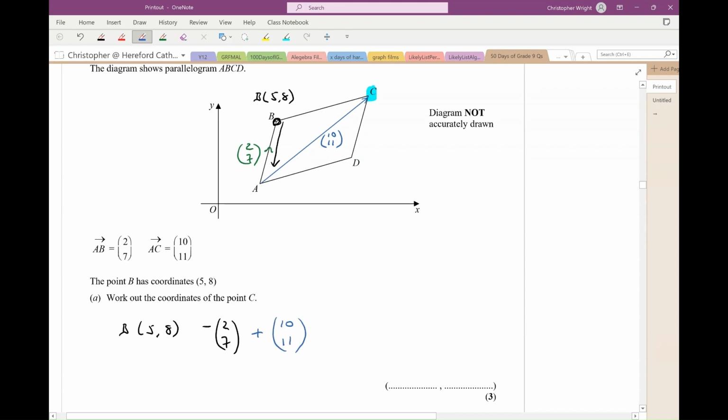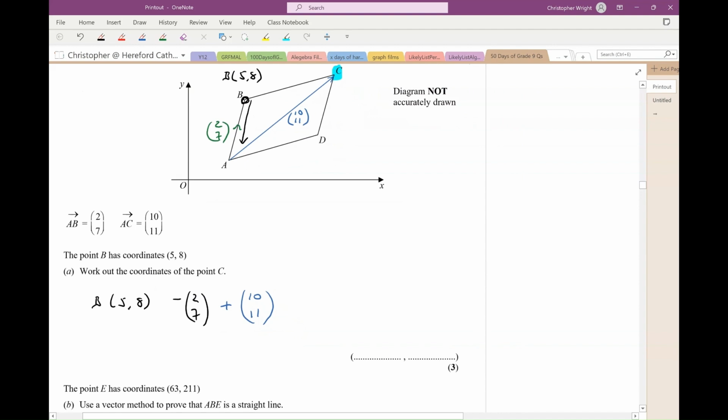So let's do that. B subtract (2, 7) is going to give me the coordinates of the point A. So the point A is going to be at (3, 1). That's the point A there at (3, 1).